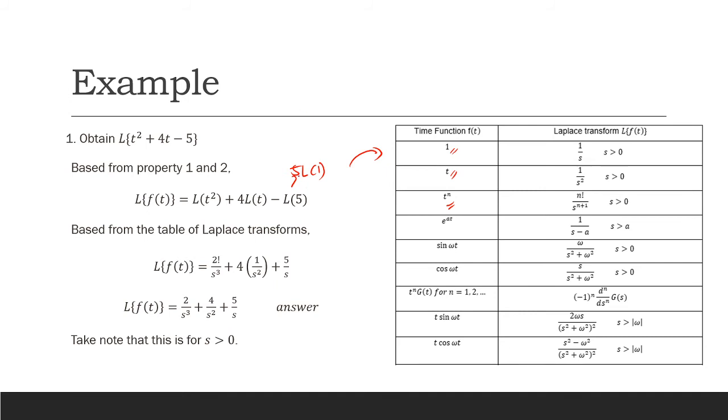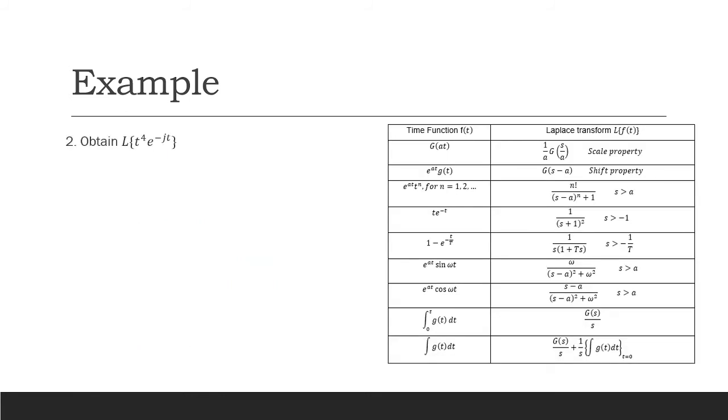Instead of using the definition of Laplace transform, which is yun nga, the improper integral from 0 to infinity of e raised to negative st times f of t. So, hindi natin makukuha tong mga answer na to. So, take note, dapat sundin natin yung interval na yan.